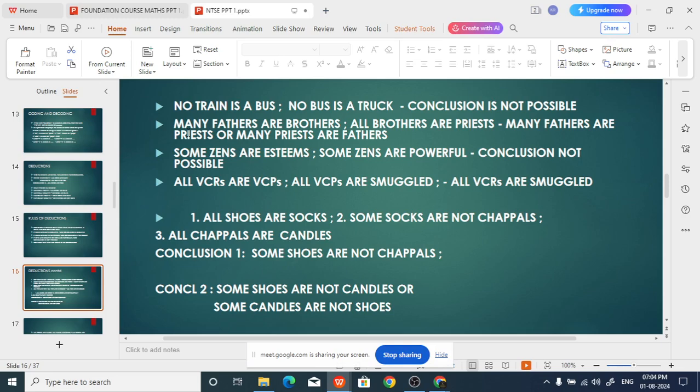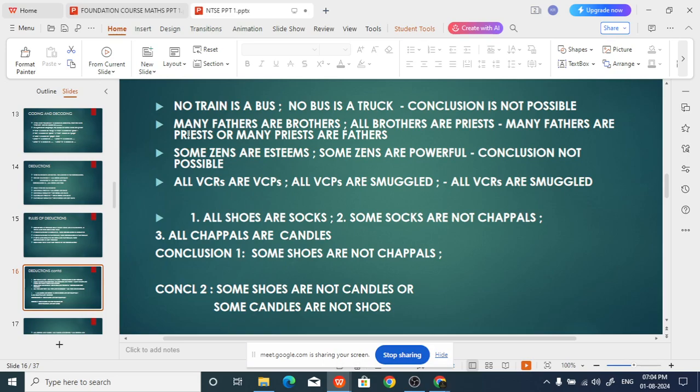Then all brothers are priests. What is the type of statement? Universal positive. What are the three terms given there? Father, brother, priest.